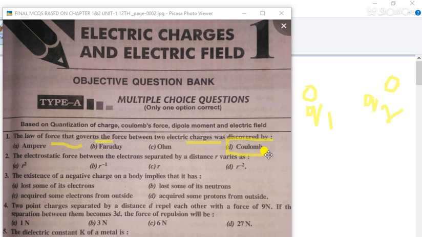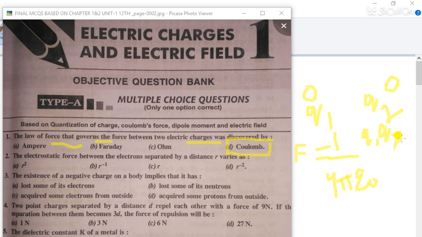I am discussing some explanation also. So Coulomb's law gives us the force between two charges, that is given by 1 by 4 pi epsilon, q1 q2 by r square. I hope this is clear to you now.